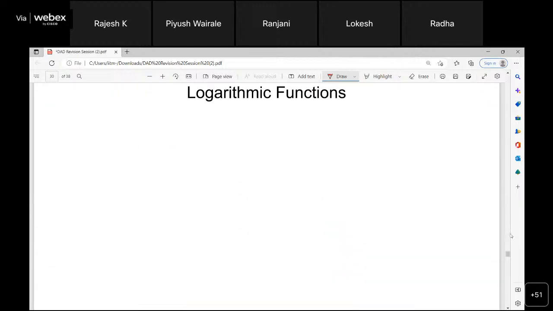So what is the logarithm function? f of x equals log to the base a of x. x must always be positive, remember that, right? And what is the condition for a? Greater than 1, right?